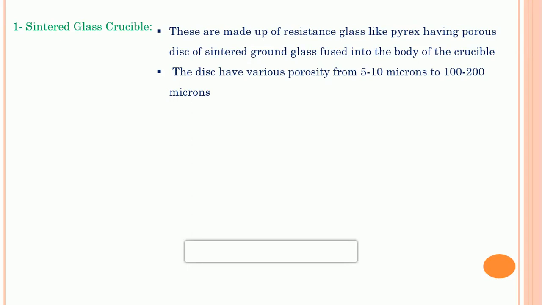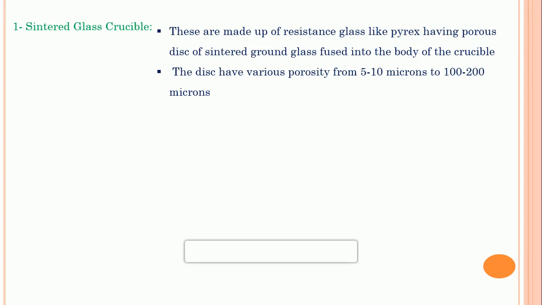The disc has various porosities like 5 to 10 microns, 20 to 30 microns, 40 to 50 microns, as well as 100 to 200 microns, and therefore they are numbered as number 1, 2, 3 and 4 plates.